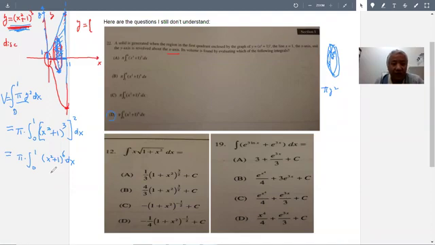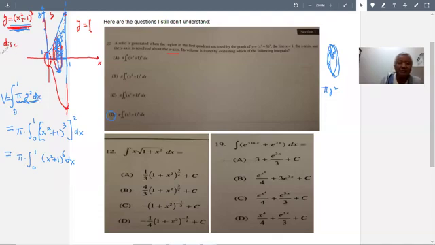Okay? Now, let's recall what we had at the beginning. When we have this question, the general way is to make a general sketch first, and then try to illustrate what the original area is first. And then from there, you rotate. You get the area of the circle, which is pi y squared. And then times dx, that will be the volume of the small disk.